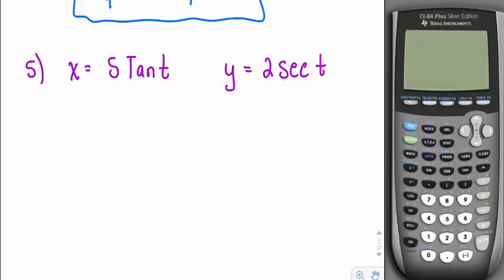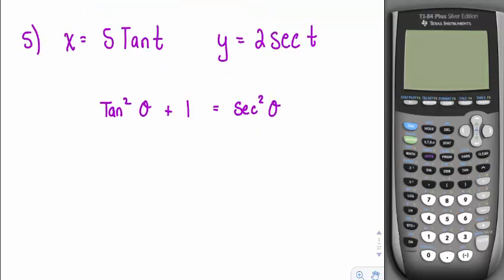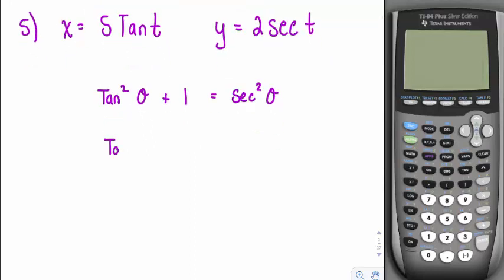Okay, you've thought for a second. Hopefully you're coming up with what I'm coming up with, because this is the one we need: tangent squared theta plus 1 equals secant squared theta. Now, the way I'm going to write it, you might already see what's about to happen.